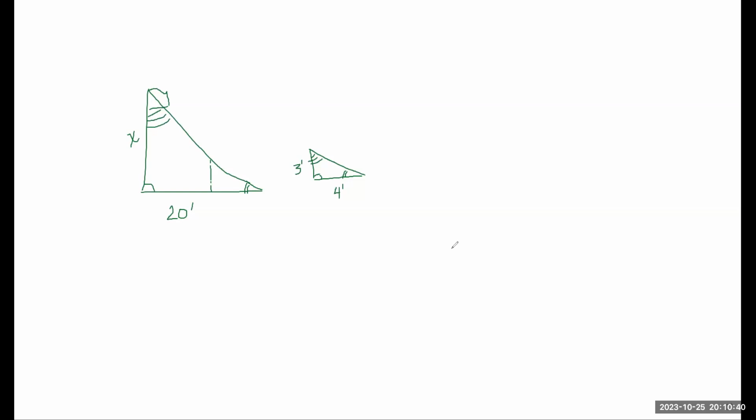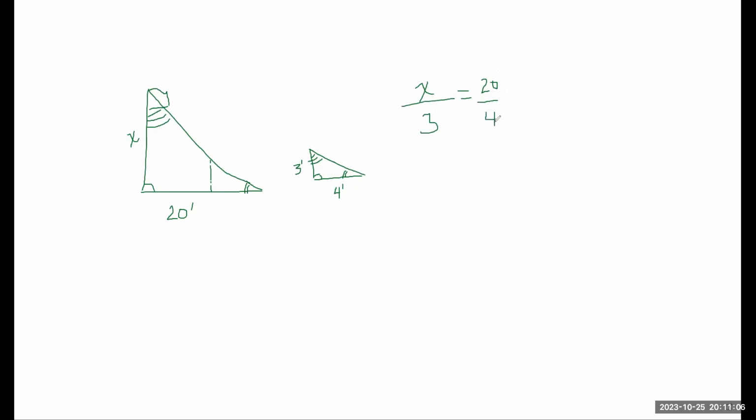And that means their sides are in proportion. So when I say their sides are in proportion, what I mean is the height of the flagpole is in proportion with the height of the yardstick, and the length of the shadow, which is 20 feet, is in proportion to the shadow that the yardstick casts on the ground. A proportion is two equal fractions.